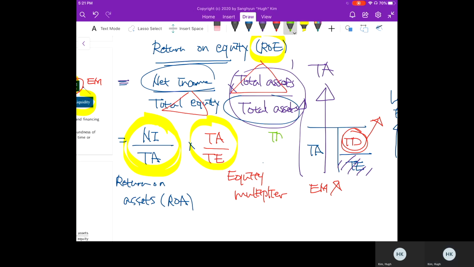So use of debt will increase equity multiplier and decrease ROA. But the first effect is usually larger. So an increase in financial leverage tends to increase ROE because its effect on equity multiplier is typically much larger than its effect on ROA. So the net effect is typically positive.